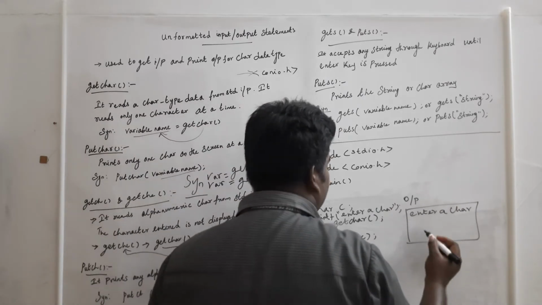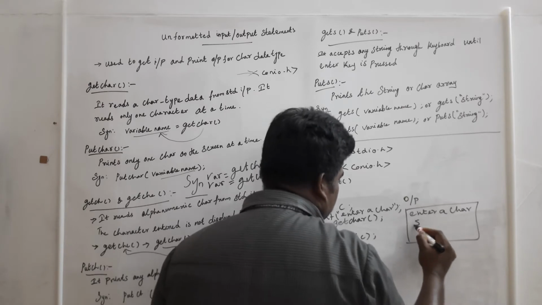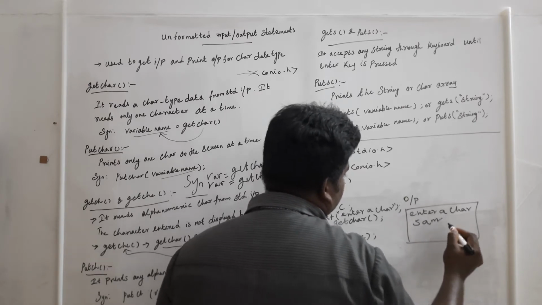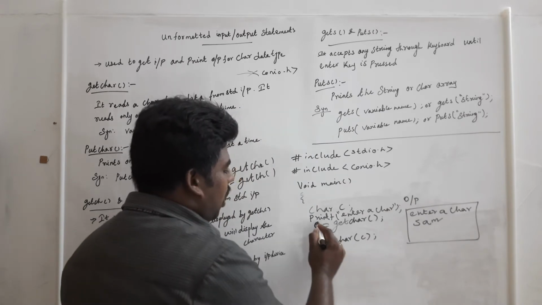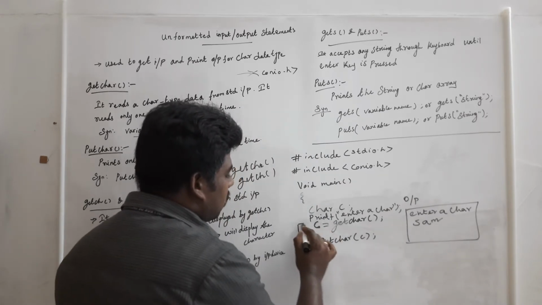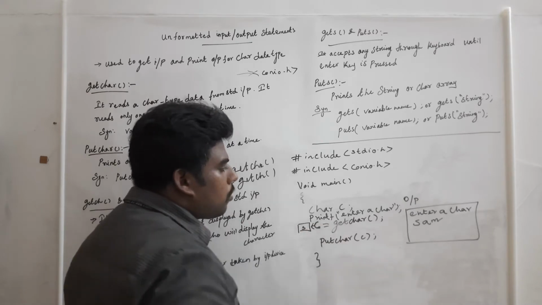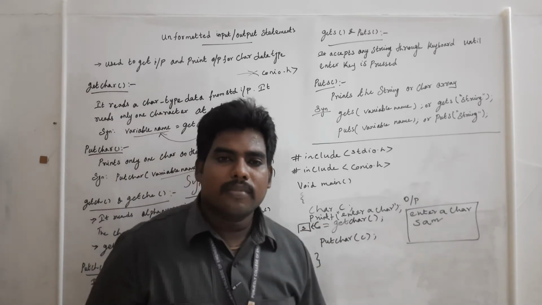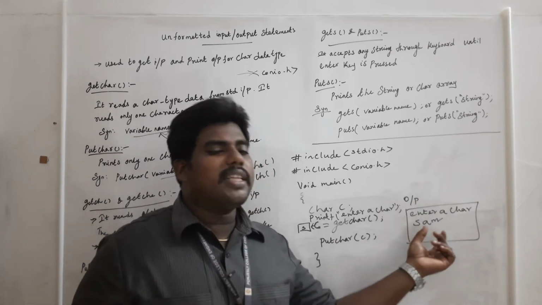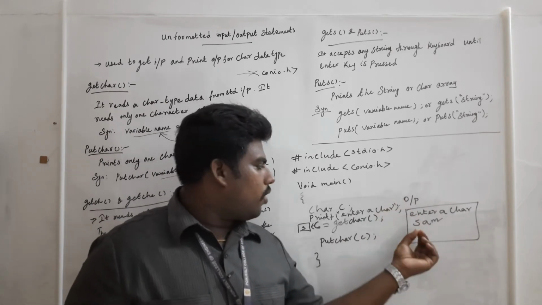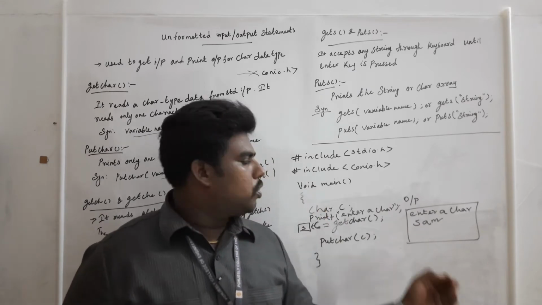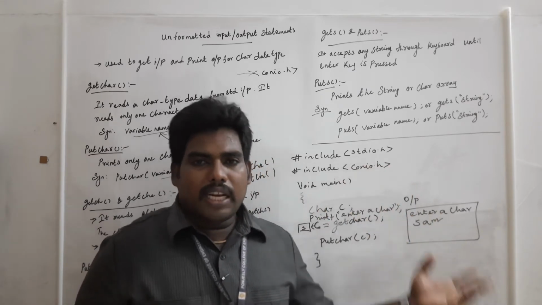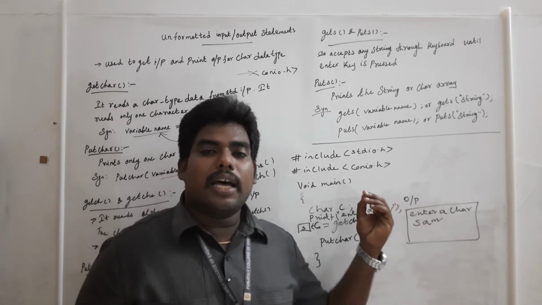You are giving one input, for example SAM. Inside this C, S will be stored. What about A and M? Even if you type multiple characters, it will accept them until you press the enter button.